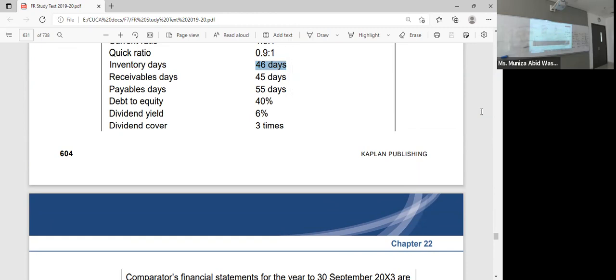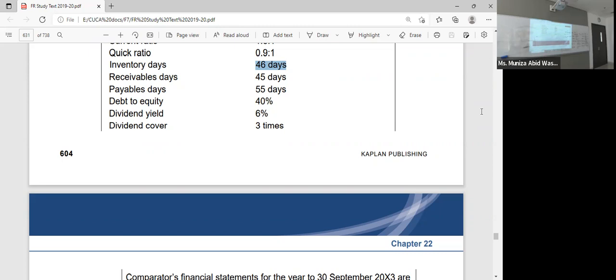54 days you got? It means that the organization is normally taking 54 days in order to convert its inventory into sales. At least for 54 days, the organization has to hold the inventory in its storehouse before making the sales. For 54 days, it has to spend money on the storage cost.